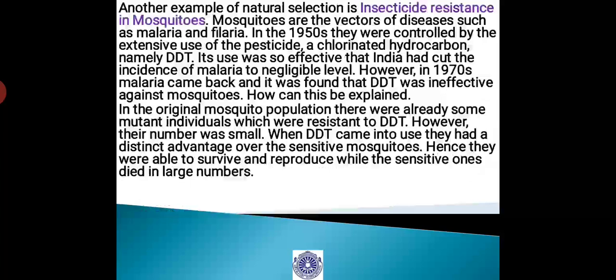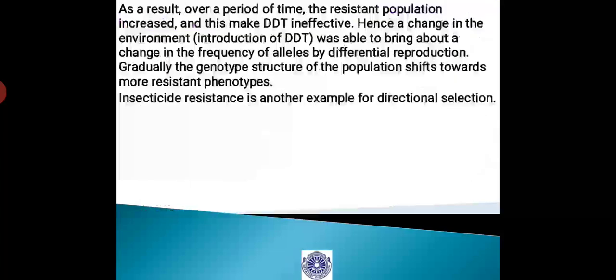That is, the sensitive forms could not reproduce, whereas the resistant varieties could reproduce. Hence, it is called differential reproduction. And as a result, over a period of time, the resistant population increased, and this made the DDT ineffective.